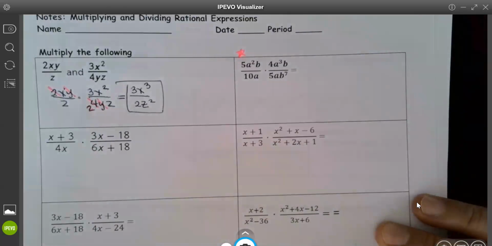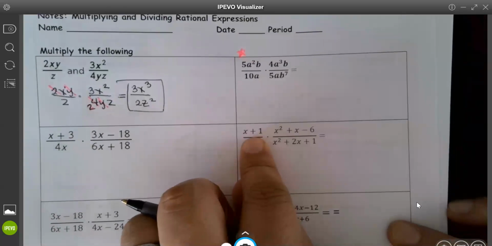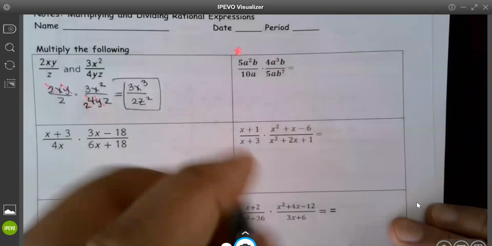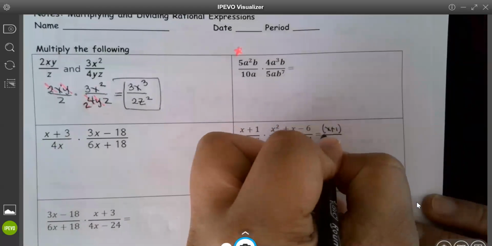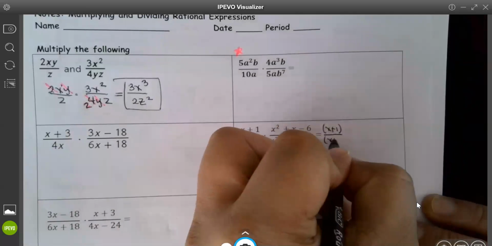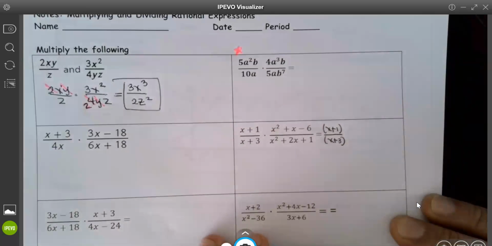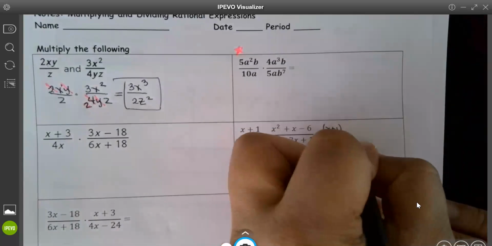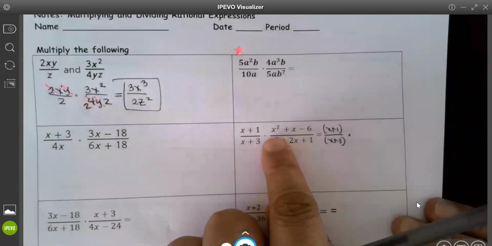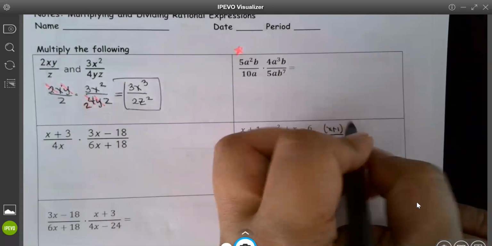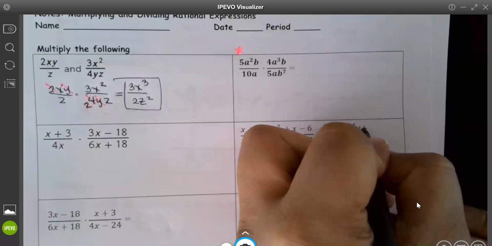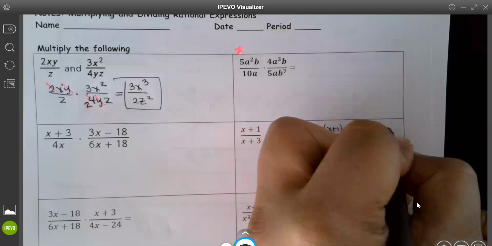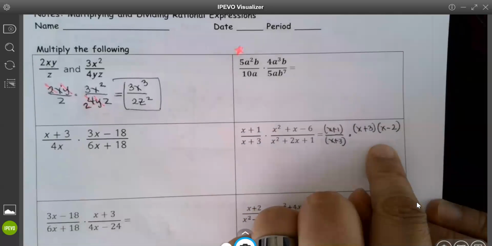So what you do is you're going to factor, but x plus 1 is no longer factorable, so just write there x plus 1 divided by x plus 3, then times x squared plus x minus 6. You factor this one as x plus 3 and x minus 2. Why is that?